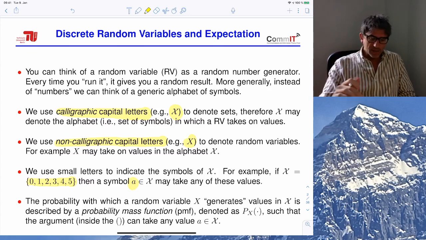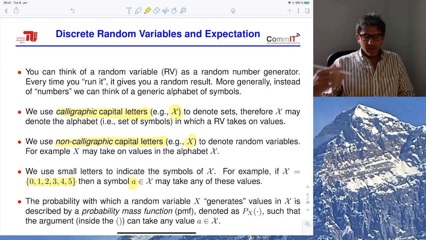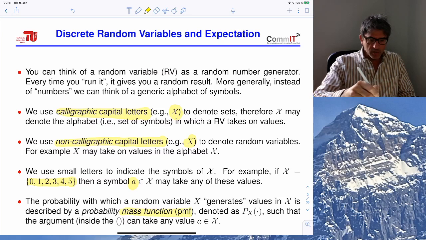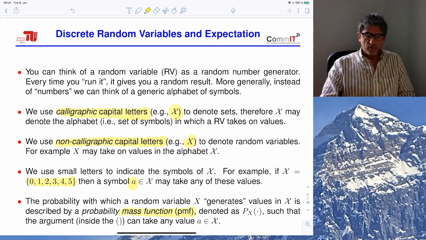And so we collect the probability with which X generates values in its alphabet, and the collection of these probabilities is called the probability mass function, PMF, of the random variable, and it is denoted as this symbol here, P sub X of an argument.